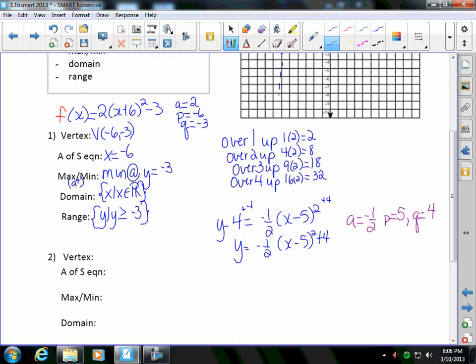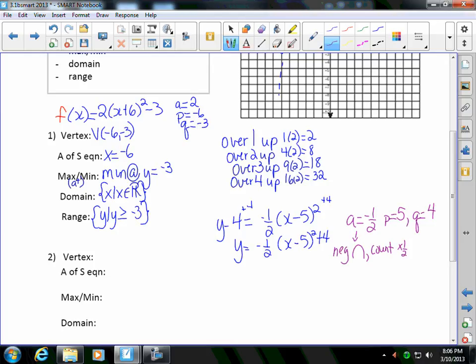So remember, this a value here is negative, so that means my graph is going to be going down, and my count is going to be multiplied by that 1/2. So I have to keep those things in mind when I'm graphing that.